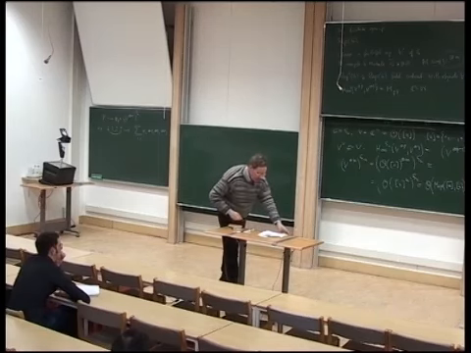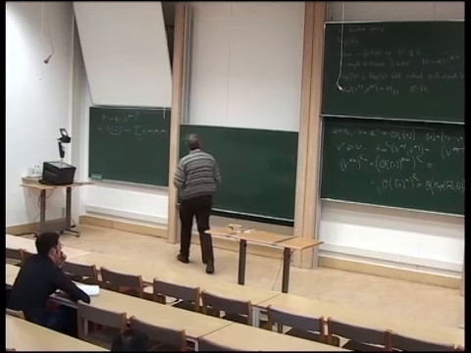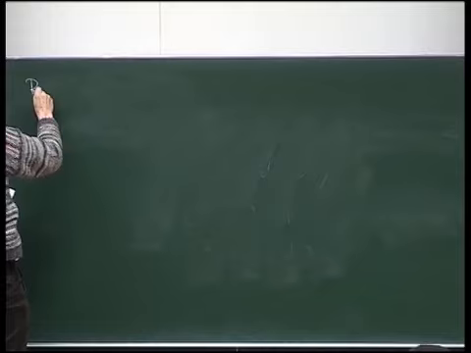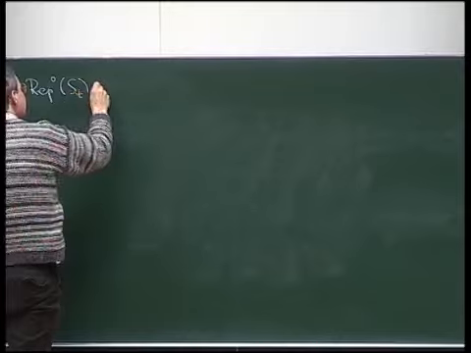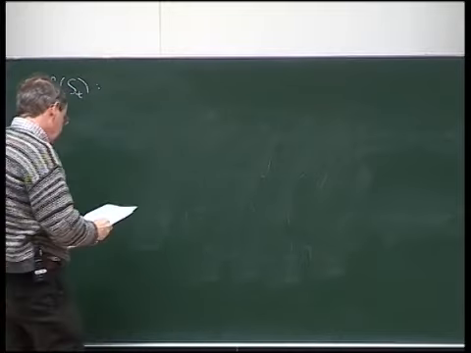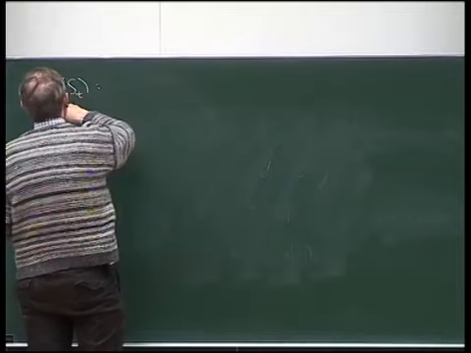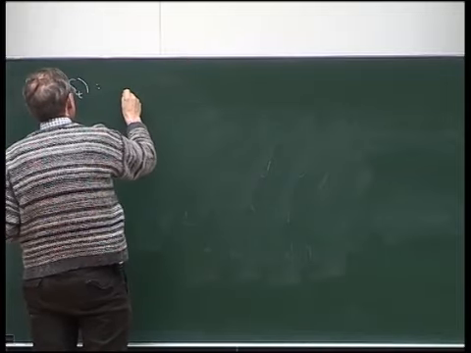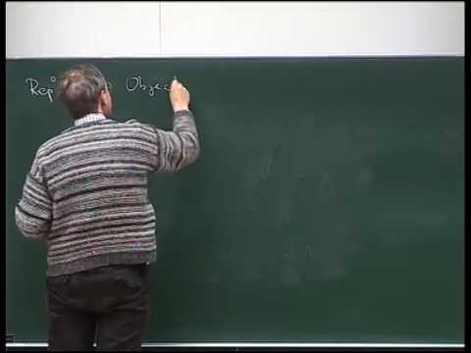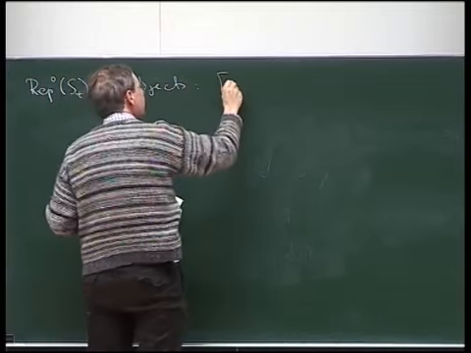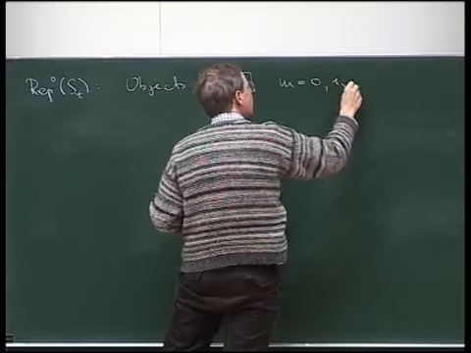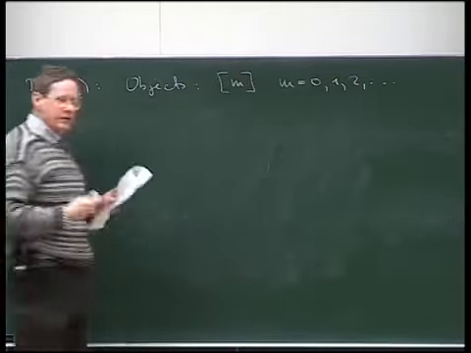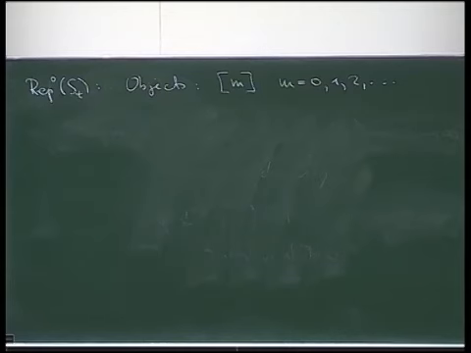Now we define the following category after Deligne. We have Rep_0 S_t. It has as objects just symbols [m], where m goes to 1 and so on. Therefore, I do not think of these as sets anymore, but just symbols.